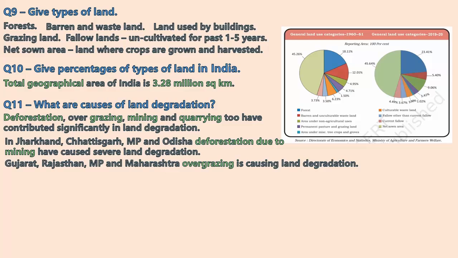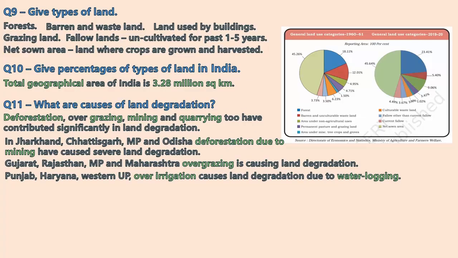A lot of cattle are there, and they are overgrazing the grasslands. In Punjab, Haryana and Western UP, over irrigation is causing land degradation due to waterlogging. They are not irrigating intelligently; they are giving more water than what is required, and that is causing waterlogging and degrading the land.